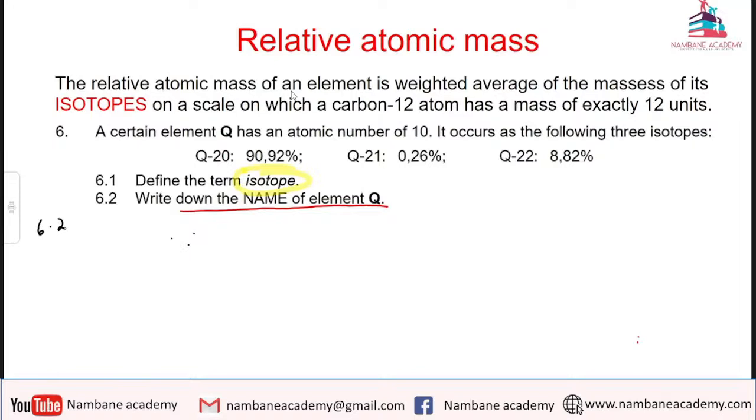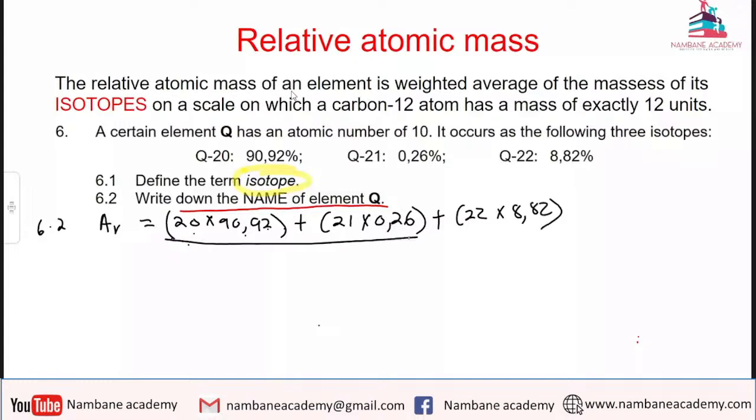Now at 6.2, the average weighted mass is 20 multiplied by 90,92 plus 21 multiplied by 0,26 plus 22 multiplied by 8,82, divided by 100.